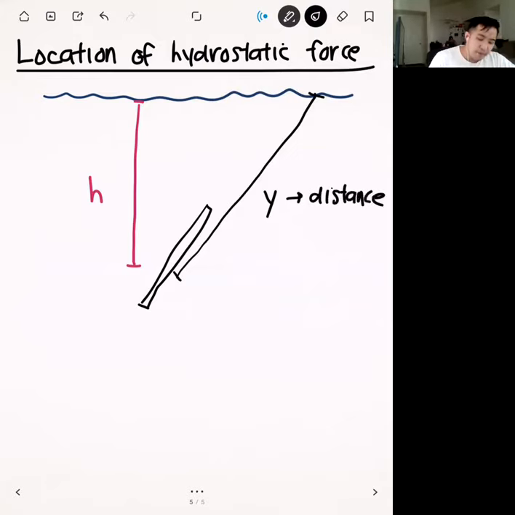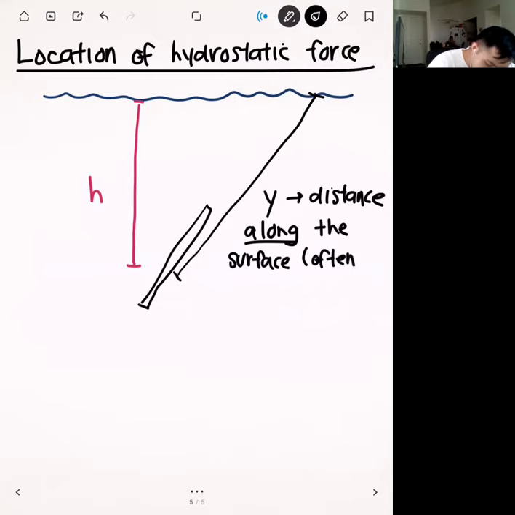When you compute Y for the location of the static force, you have to tilt your coordinate axes so that the Y-axis aligns perfectly with your surface, which is inclined. Make sure you have this distinction between Y and H clear in your head.